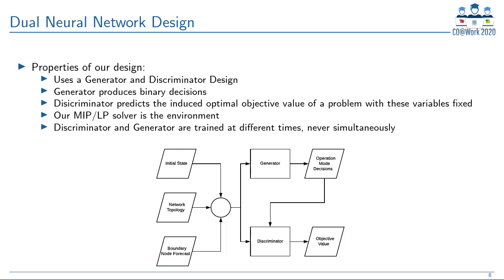When we say fixed, we mean that they are fixed to the values output by the generator, rounded to 0 and 1. Our MIP, or our LP solver, is the environment in this case. And our discriminator and generator are trained at different times, never simultaneously.